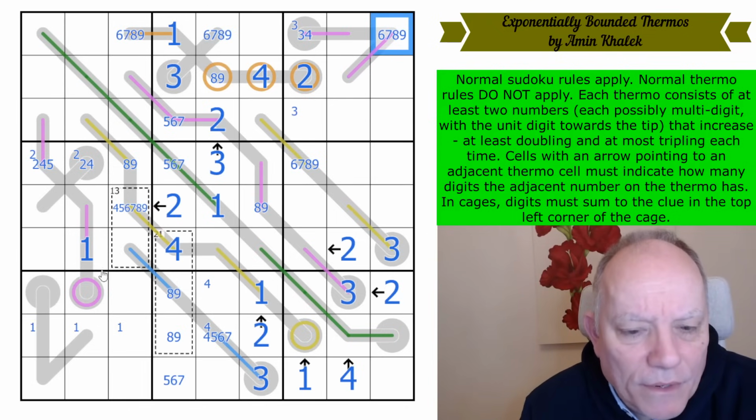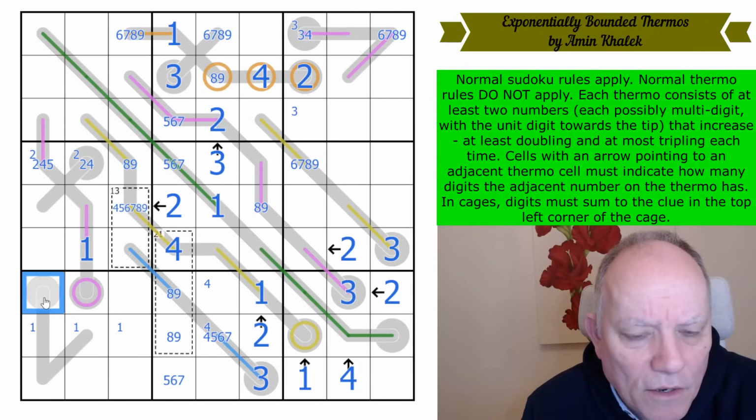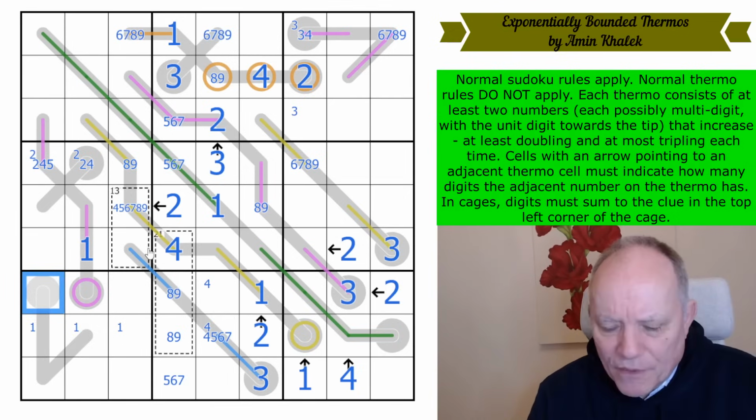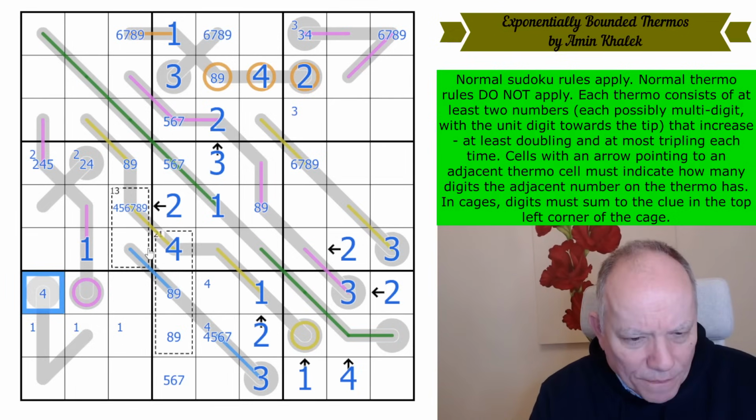And I've looked at almost everything. This one can't start. Is this 2, 2? Could it be 1, 1, 2? I think it could be 1, 1, 2. It would have to begin with a 4 if it was 1, 1, 2. And if it's 2, 2, oh, that's weird. It has to begin with a 4 anyway.